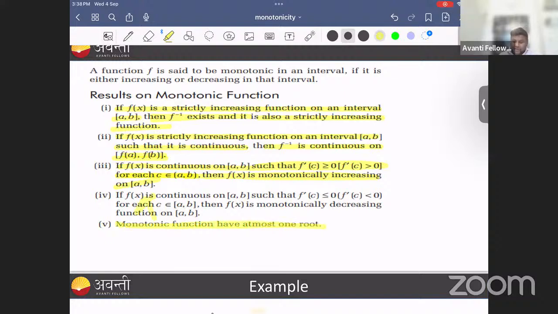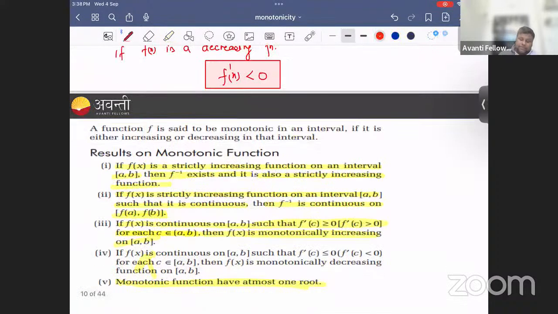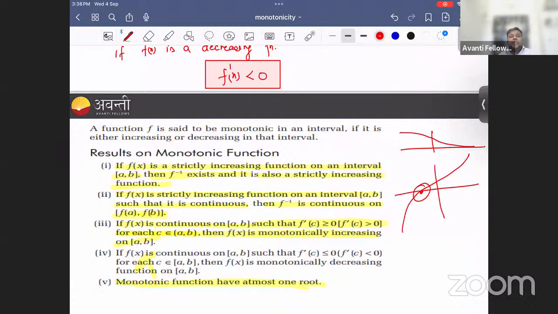Monotonic functions have at most one root. Why at most one root? Like cot inverse x is there. This is the graph. It is decreasing, but it stays overall above the x-axis, so it won't have any root. But if a function goes from minus infinity to infinity, somewhere it will definitely intersect the x-axis, so it will have one root.